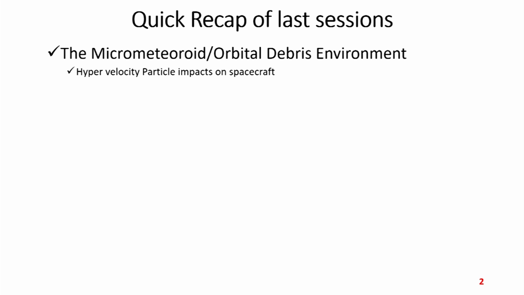Any particle moving at hypervelocity creates a lot of problems when it impacts the spacecraft, and depending on whether the particle is submicron, a few microns or a few millimeters, the impacts are different.